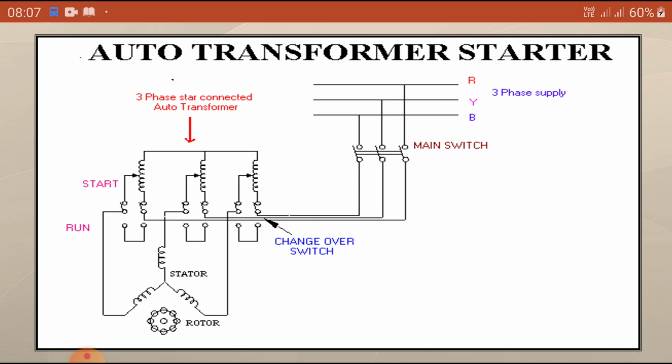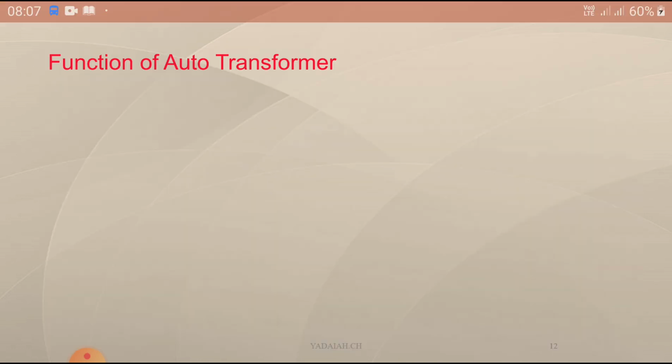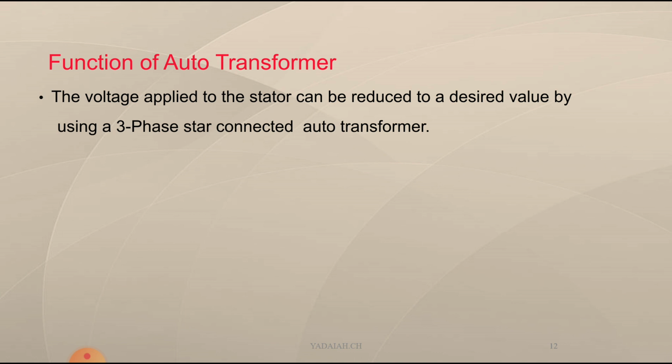So what is the function of the auto transformer? The function of the auto transformer is that the voltage applied to the stator can be reduced to a desired value by using a three-phase star connected auto transformer. It contains a suitable changeover switch as shown in the figure previously.